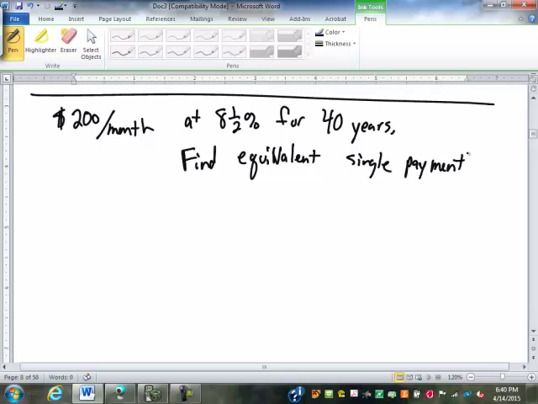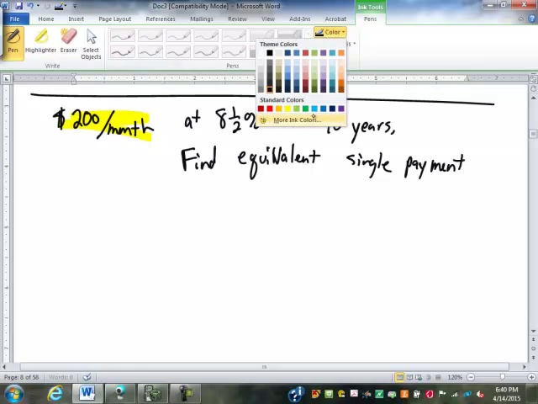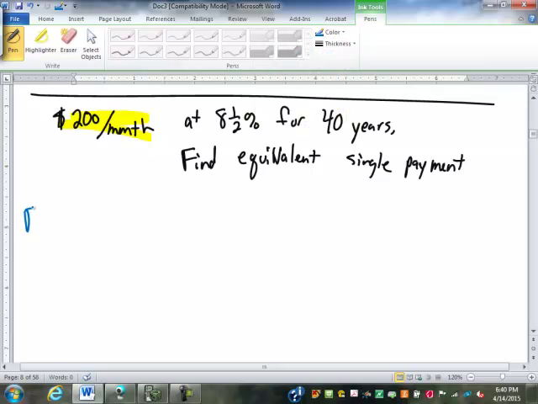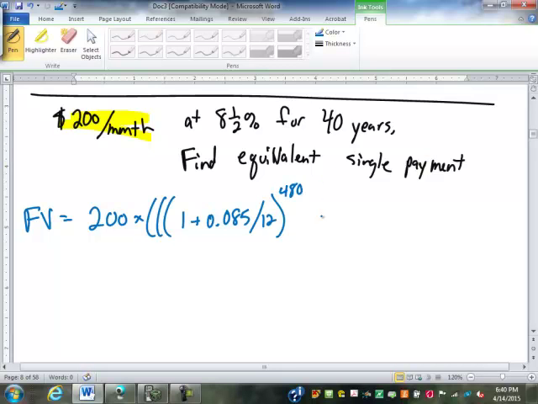In other words, if I'm going to start right now making this $200 a month payment for the next 40 years, or if I just want to make a single payment right now and get it over, not have to pay anything per month, what would I have to put in right now? So we're going to start out with the $200 a month and figure out what that future value is. So it's 200 times 1 plus 0.085 divided by 12, close, power of 480 minus 1 divided by, close parentheses, then divided by, open, 0.085 divided by 12, close and close.